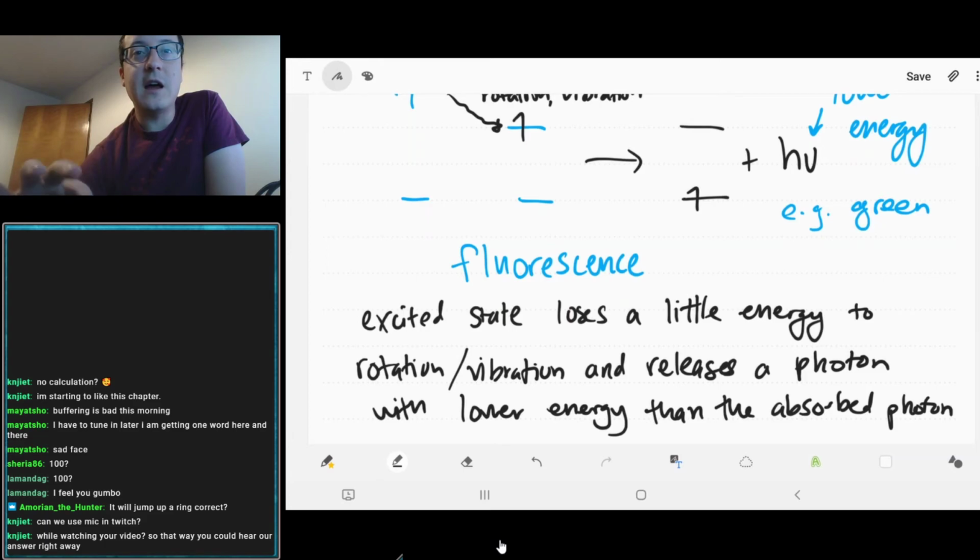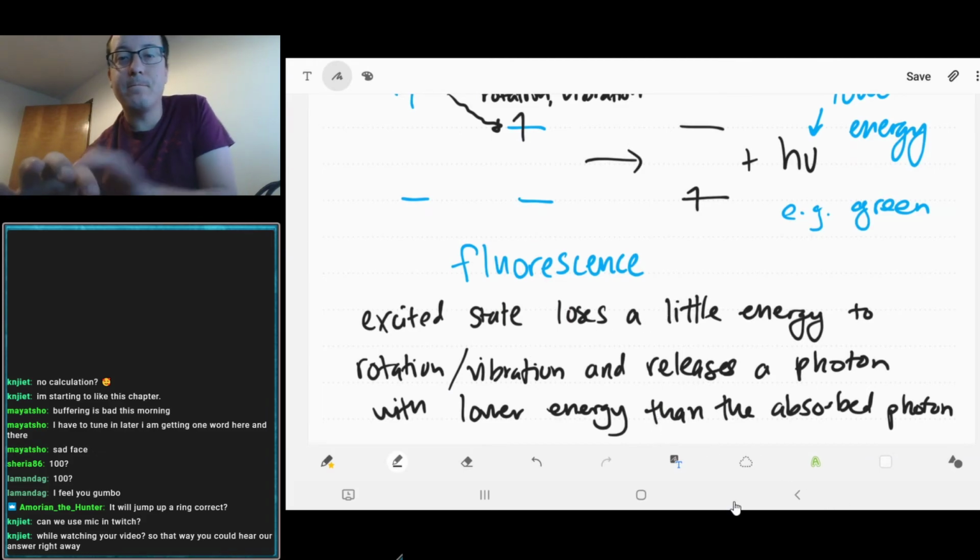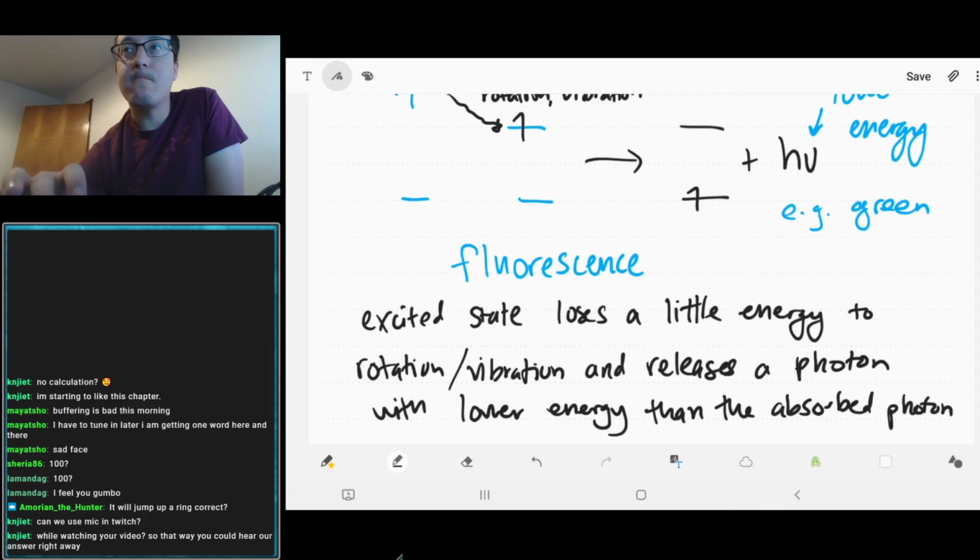Once you're in there, you're going to be able to chat with us if you want. I'm here with Daniel, so you should be able to see us there.